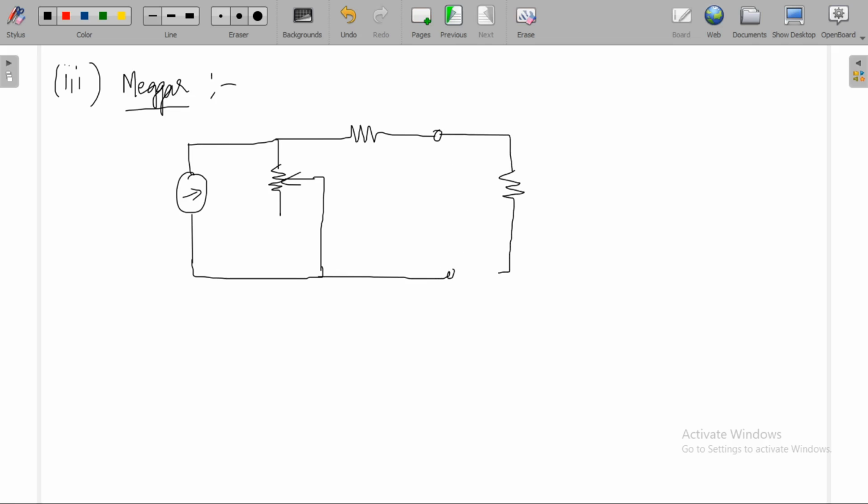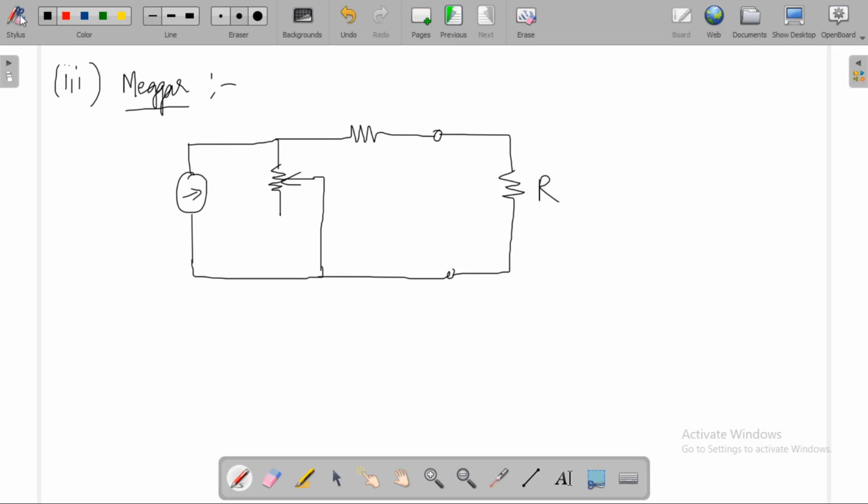The resistance to be measured is connected between these two terminals. The voltage source is connected between these two points. This is R2, this is the PMMC instrument.